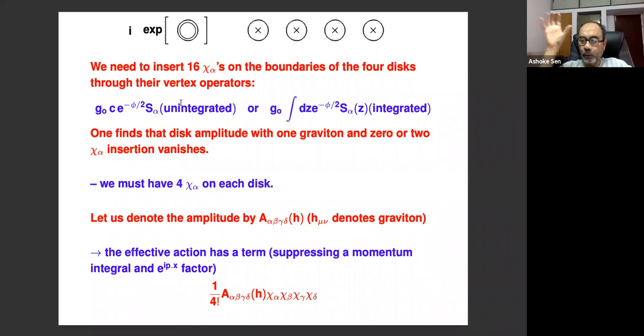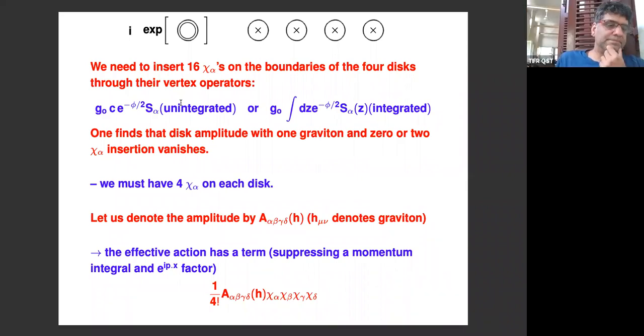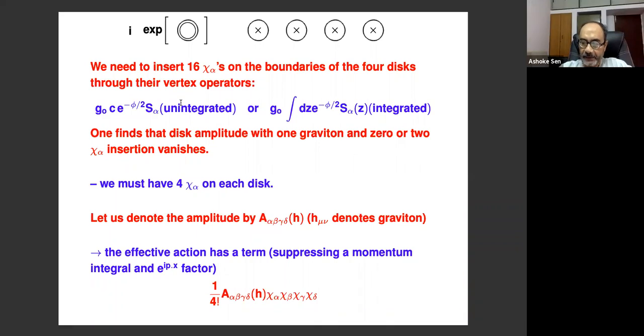We are interested in the closed string 4-point amplitude. Yes. And in that process, we have to integrate out the open string modes completely. Okay. So suppose the effective action contains a coupling between 1 closed string and 4 open strings, 4 chi alphas, right? Then that has to be expanded, then the chi's have to be integrated, to give a 4-point amplitude.